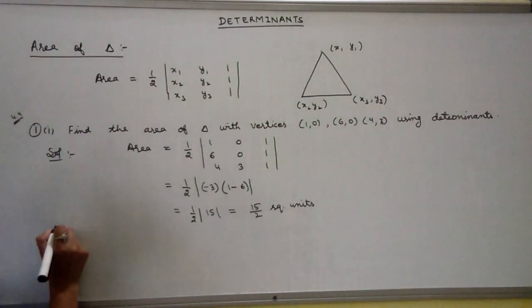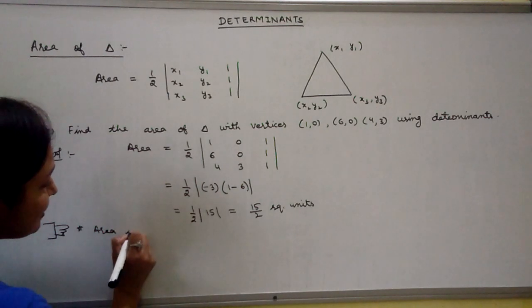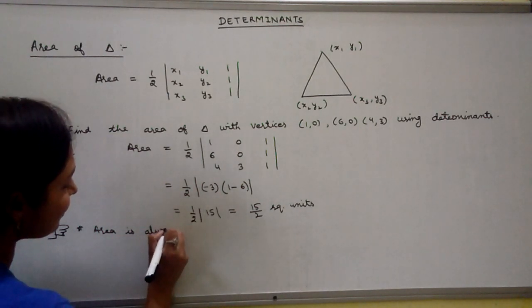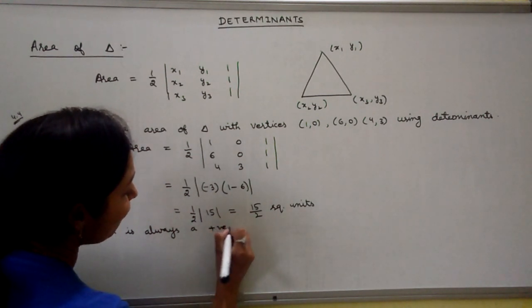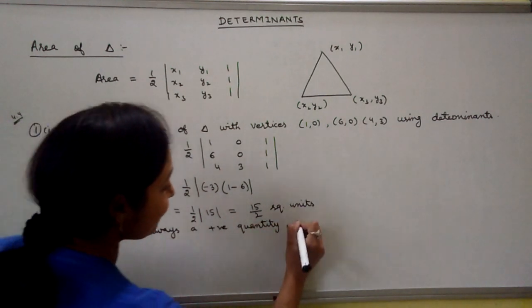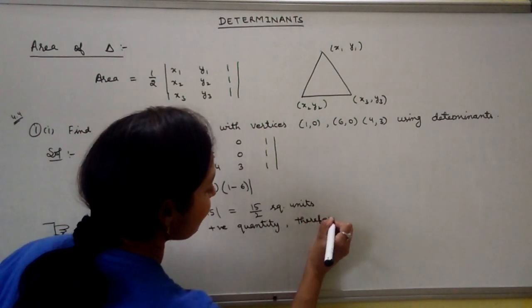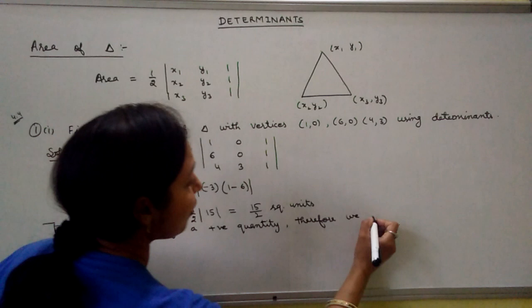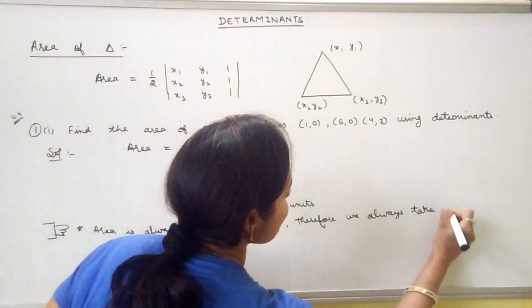Now three points to keep in your mind. What are the three points? First, area is always a positive quantity, therefore we always take absolute values.